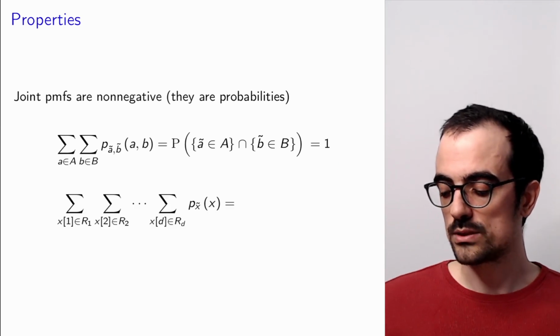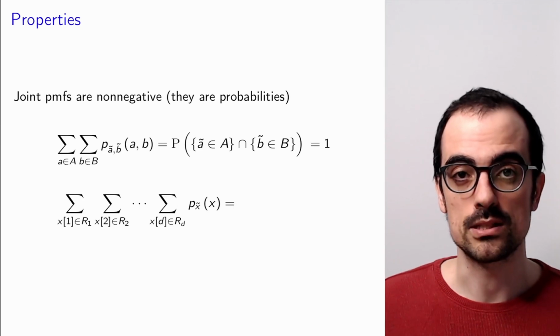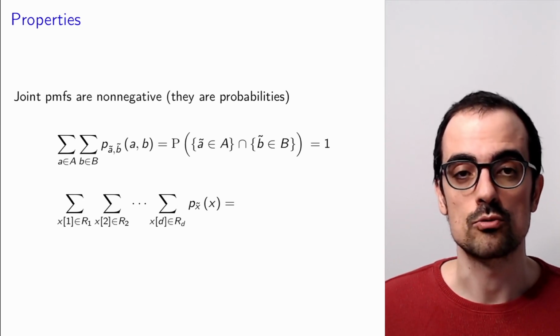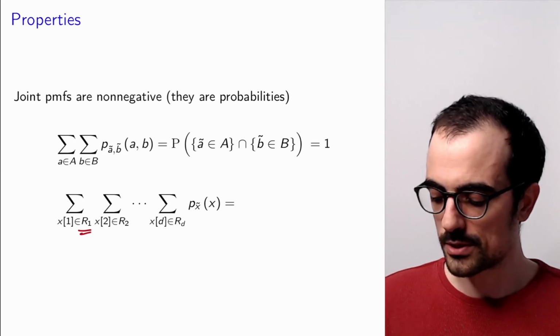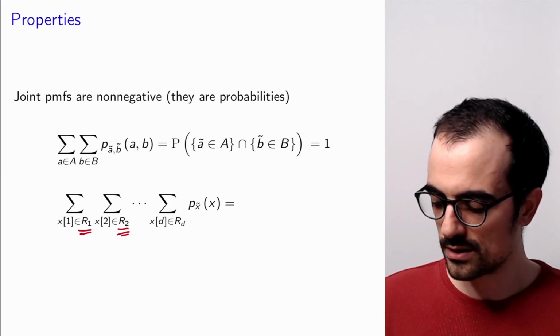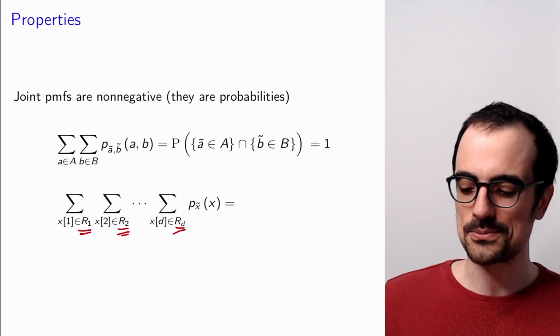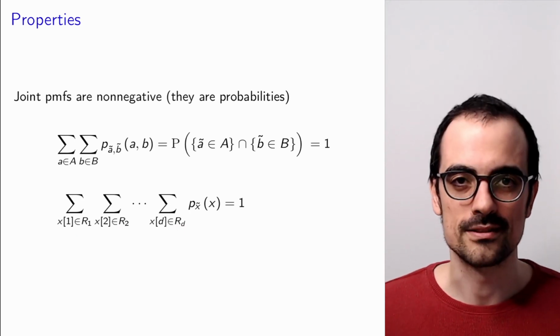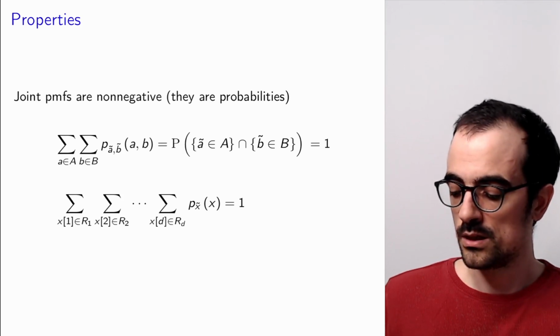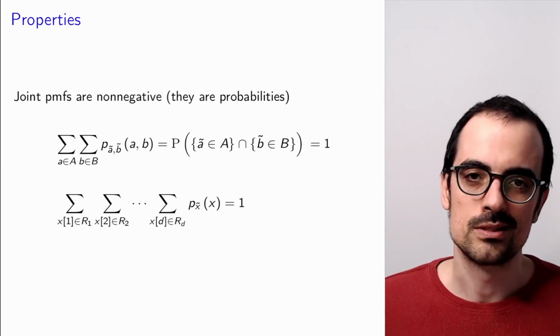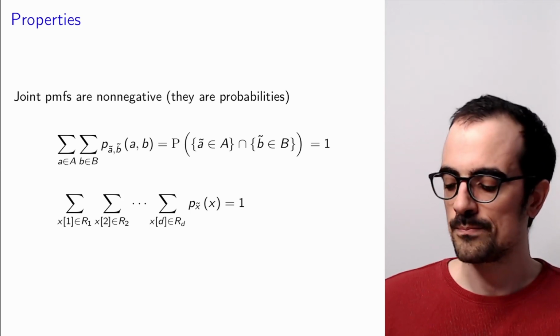And it turns out that the same happens for d-dimensional random vectors by the same argument. If you sum them over all the possible values of each of their entries, in the end, you've covered all the sample space. So this has to add up to 1 for it to be a valid joint PMF, just like a valid PMF also sums up to 1 over a single variable.